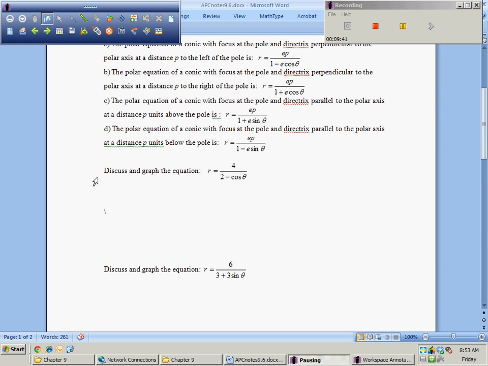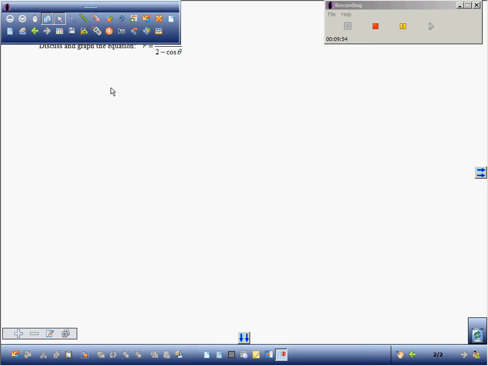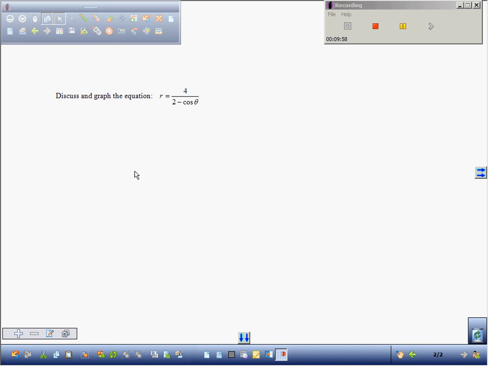this one right here. It says discuss the graph of the equation. And that doesn't just mean discuss it. It means sketch a graph of it, plot most of the points of it, and find the x and y intercepts. What else? Find A, find B, find C, find the eccentricity, tell what kind of shape it is, and all this kind of stuff.